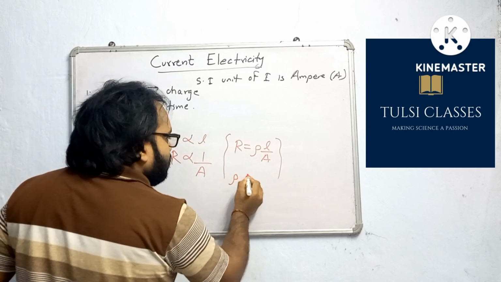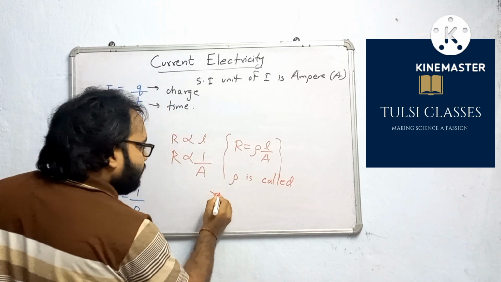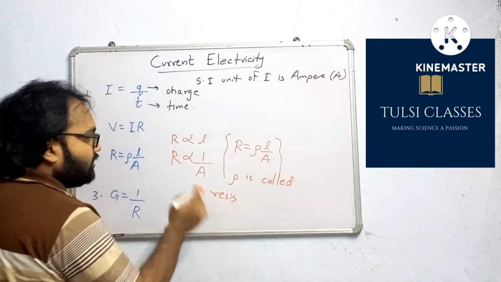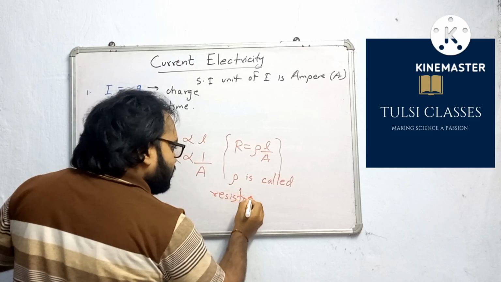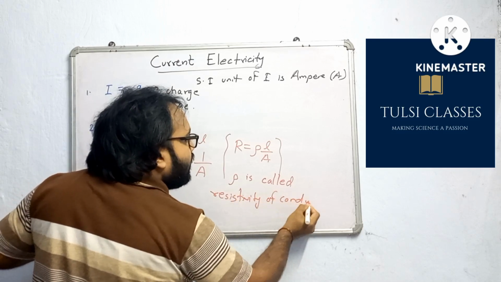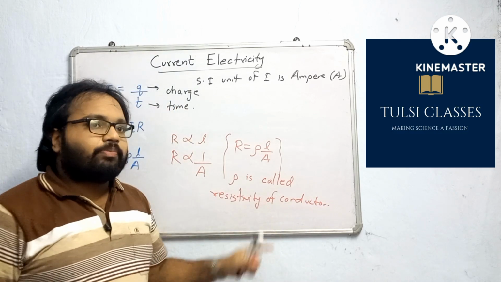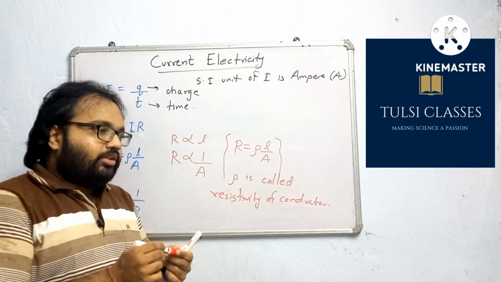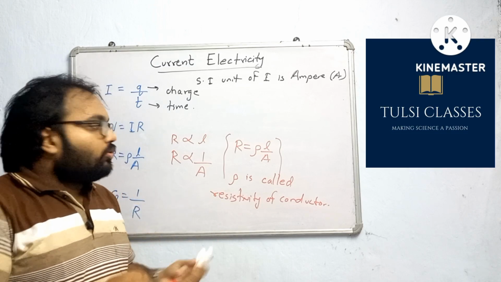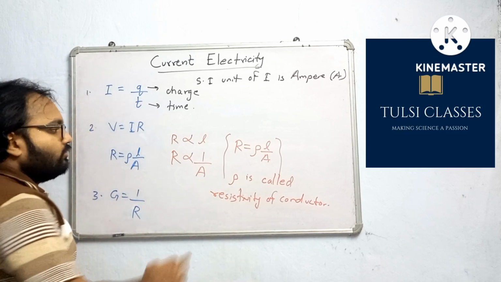Rho is a constant, as you can see, we have combined these two. So rho is called resistivity, not resistance, resistivity of conductor. And remember, resistivity of conductors are different. It depends upon the material by which conductor is made. Like gold has very less resistivity. Gold, I think least resistivity, gold and silver.